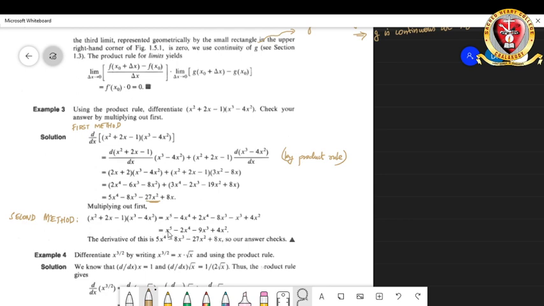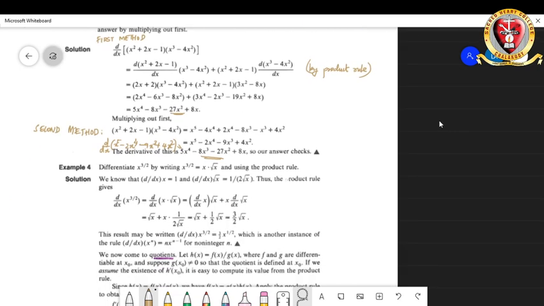When you take the derivative, you get 5x raised to 4 minus 8x raised to 3 minus 27x raised to 2 plus 8x. You can understand that what we obtained by the first method and the second method is the same. So what is this actually? This is d by dx of x raised to 5 minus 2x raised to 4 minus 9x cube plus 4x square. So you got both of them to be equal.